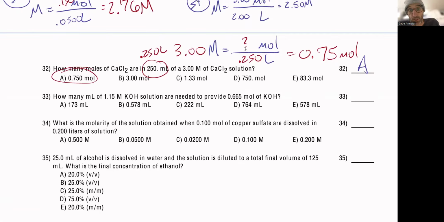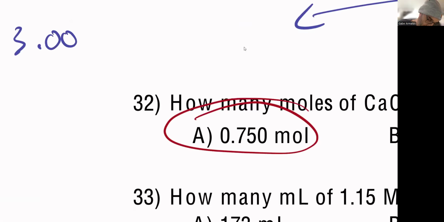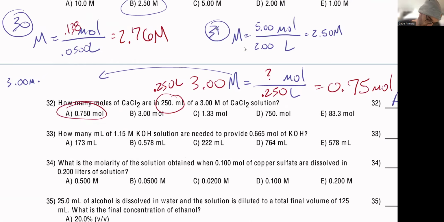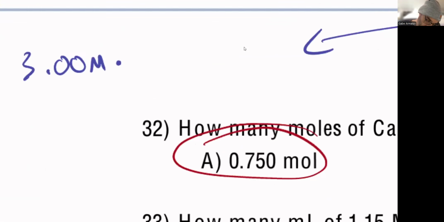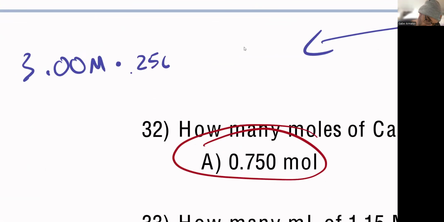You can use this molarity equation to give you volume concentration. Again, your volume has to be in liters because hidden in here, and I'm actually, maybe I'll just do this math over here. So if I cross multiply, I have 3.00 molar times my volume, which is 0.250 liters, is equal to, well, how many moles?